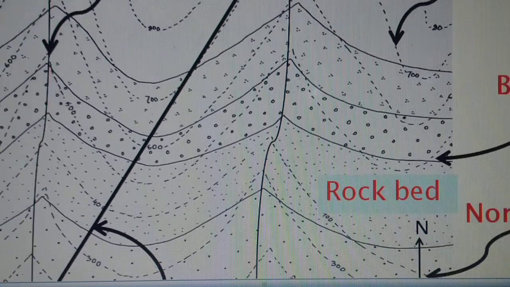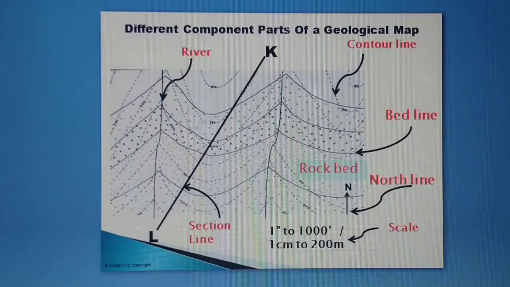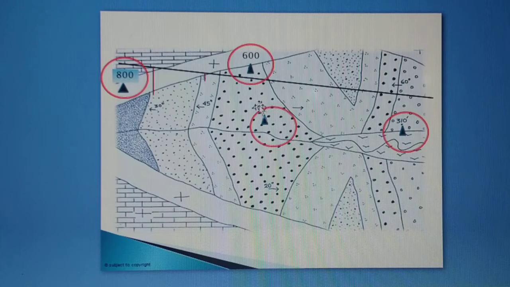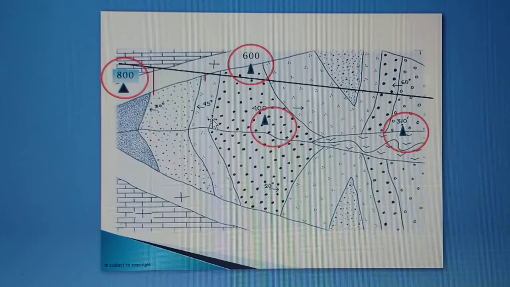Now I am showing you the second slide. Here you can see the height is expressed by the spot height, and it is represented like 600, then 800, 400, etc. So the heights on a geological map can be expressed by the spot height. Here you can see this symbol like a plus, or positive symbol.